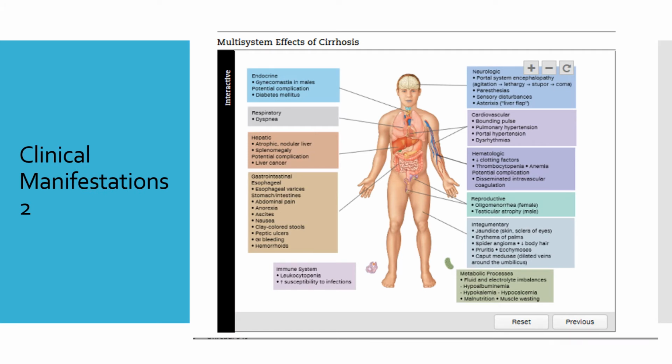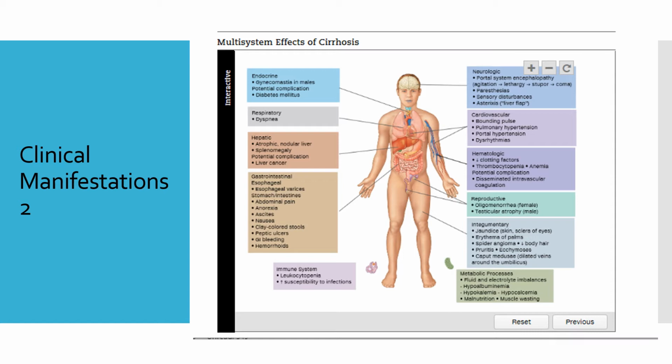Multisystem effects of cirrhosis are pretty broad, there are a lot of effects. I'm not going to read you all of these effects, but you can see that it impacts every system. From a neurological perspective, portal hypertension can lead to an encephalopathy, or an inflammation of the brain.